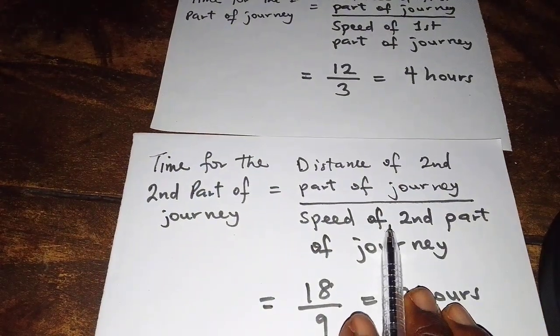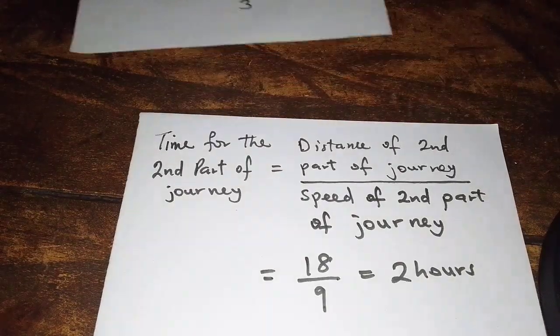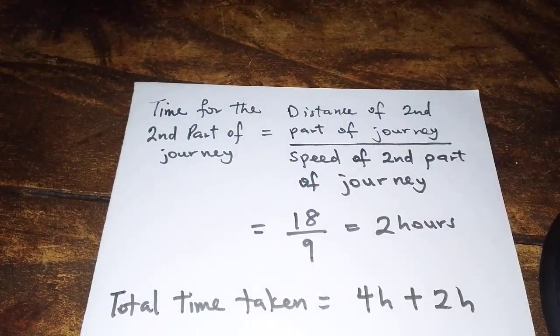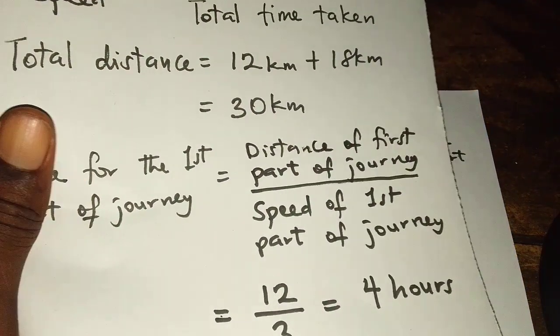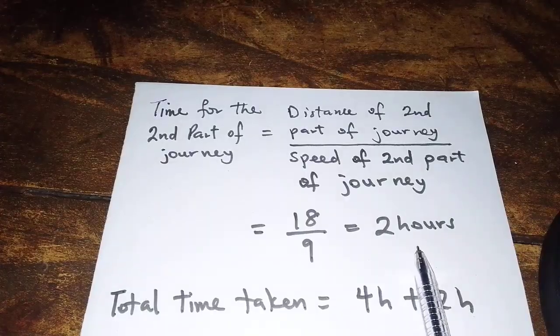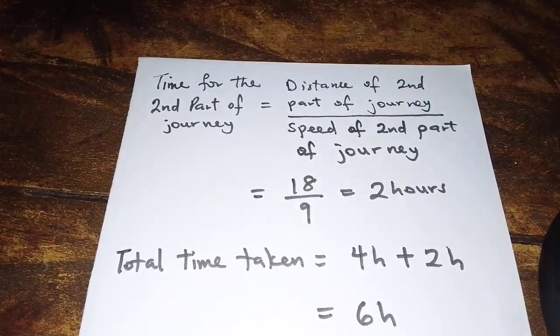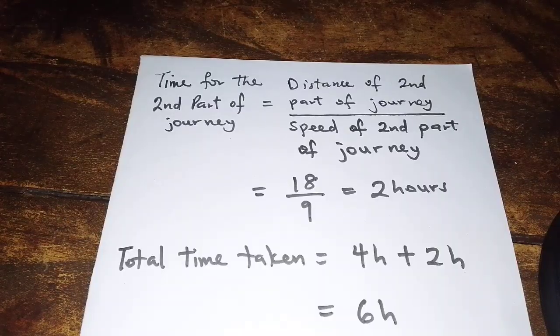So you divide 18 kilometers by 9 kilometers per hour. 18 divided by 9 gives us 2 hours. So the total time he used for his journey will be the 4 hours he used to walk plus the 2 hours he used to cycle, which is 6 hours.